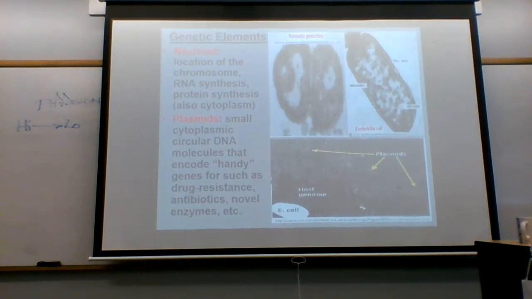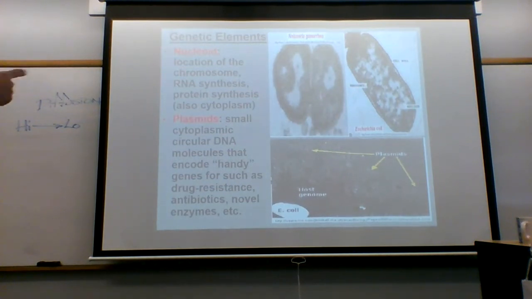Very often, this is where antibiotic resistance will lie, in a plasmid rather than in the nucleoid. So you get antibiotic resistance, different kinds of enzymes, things we think of as handy genes to have around that haven't yet incorporated themselves into the nucleoid.